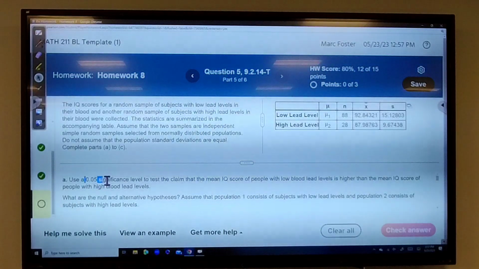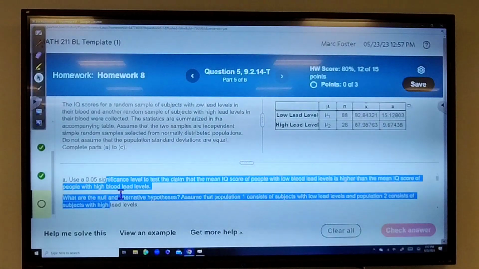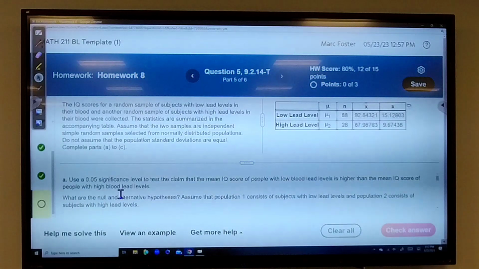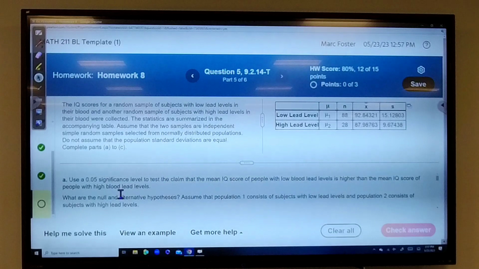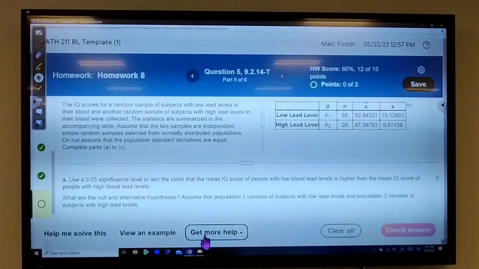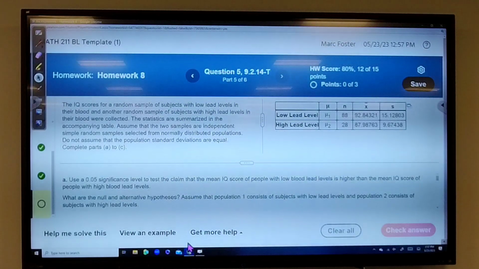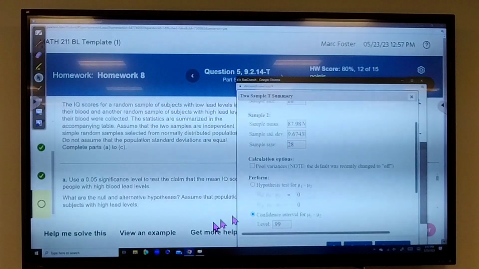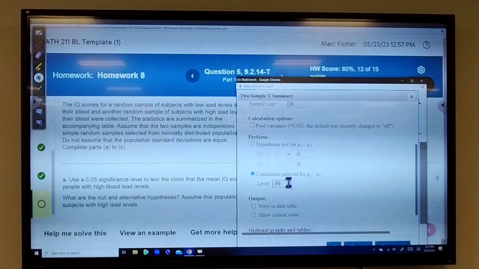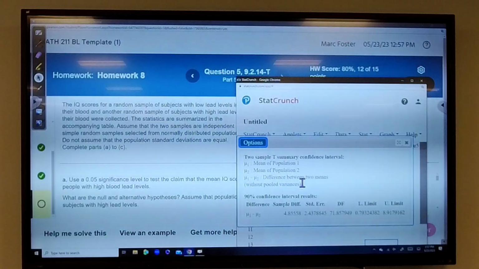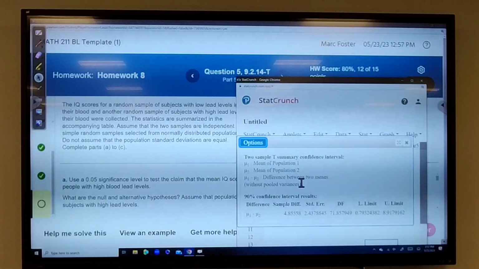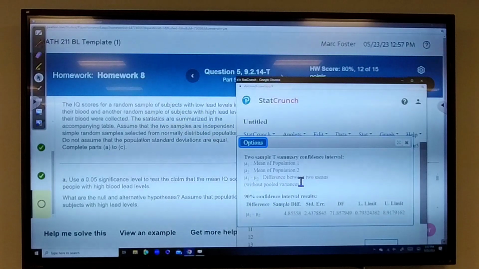So what's my confidence level? My lower and upper limits are both positive.